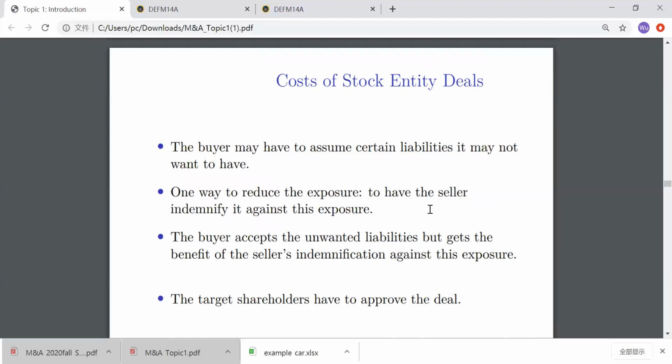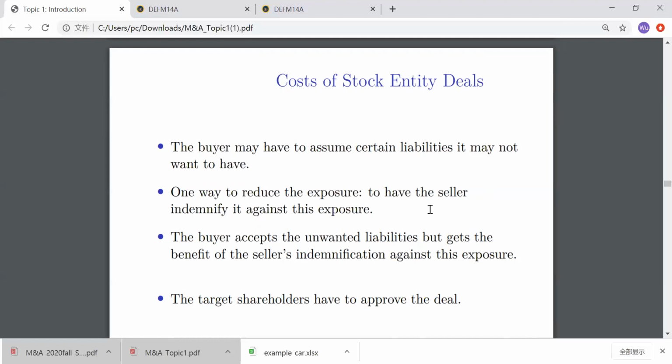Because the buyer has to take care of the liability, but this liability might become a burden. For example, if there are adverse market conditions going on, it will affect the liability that a buyer has to take, right? So in that case, the buyer can ask the target to indemnify against such exposure, right?